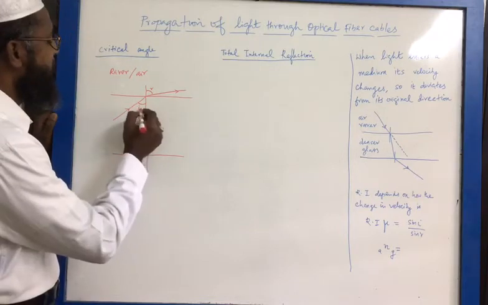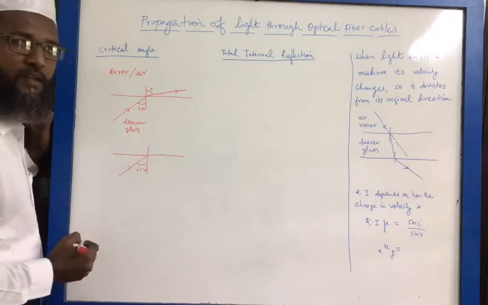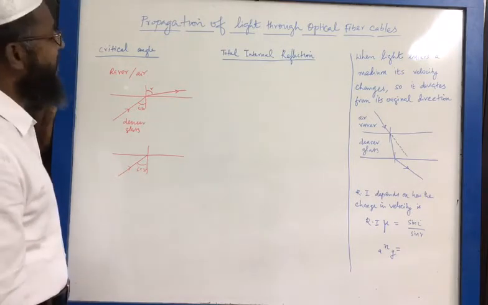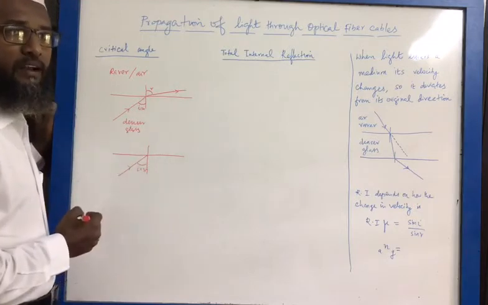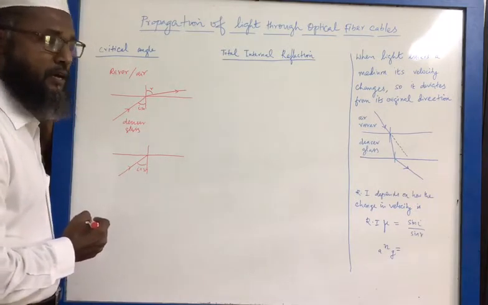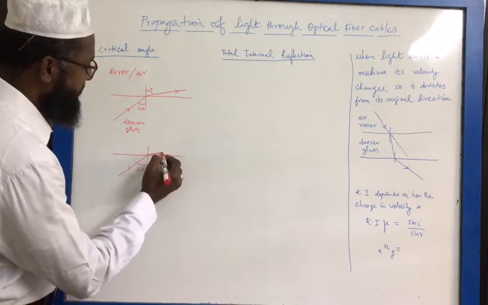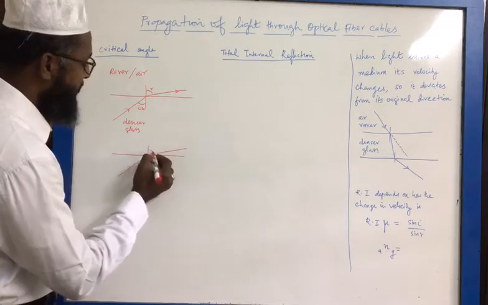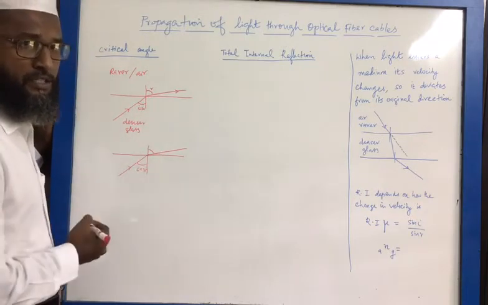For example, if this is 30, now you can take it as 35. Now what happens with the refracted ray, and what will be the change in angle R, that's the refracted angle in the rarer medium? You will understand it is going to increase. That is, the angle of refraction in the rarer medium gets changed and it is increased.